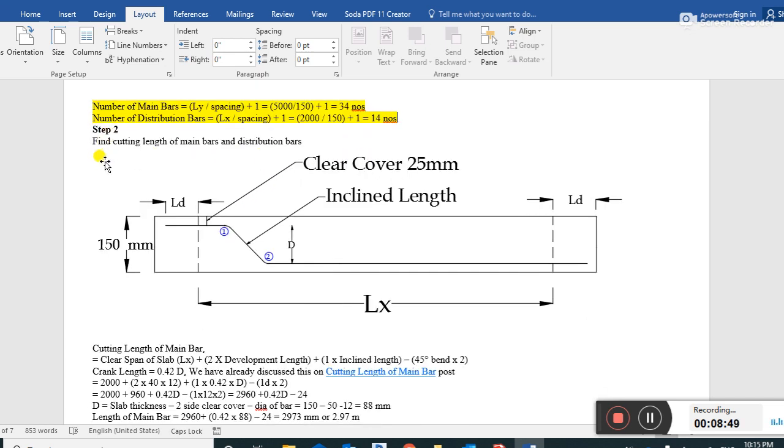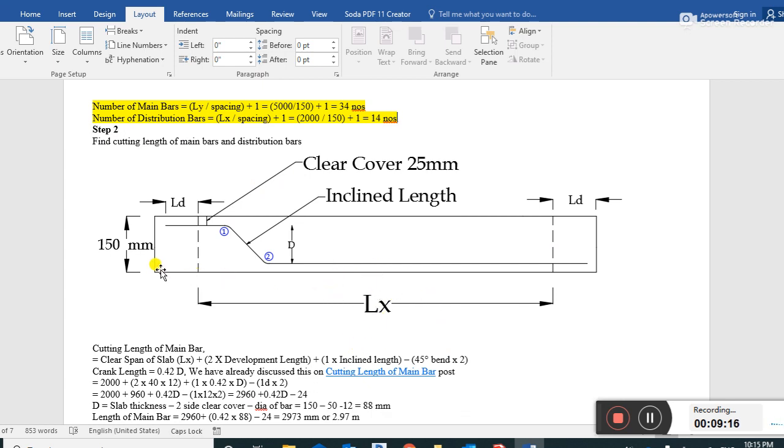Guys, on step number 2, find the cutting length of main bars and distribution bars. These are very logical and simple, guys. Just follow the steps, clear your concept, and see it in this figure. This is easy, guys. Cutting length. This is our Lx, the width of the slab.